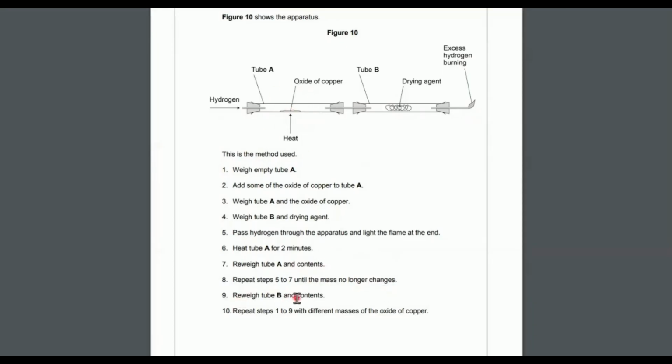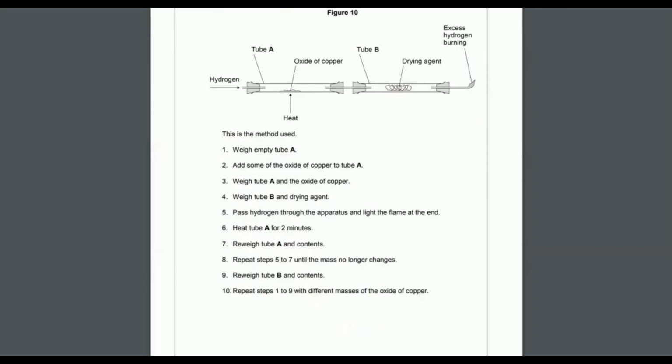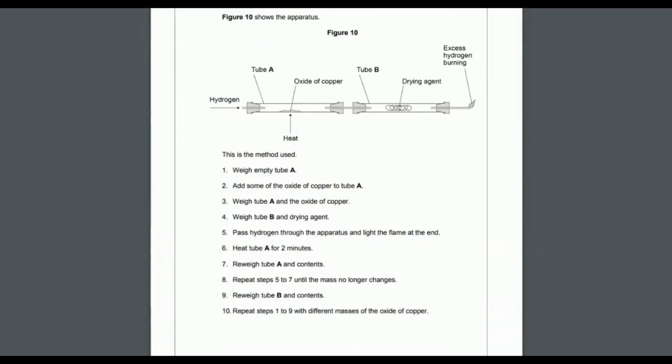Right, pause the video, have a go at these questions, and then I'll go through the answers. All right, 8.1: one reason why step 8 is needed. Step 8 says repeat steps 5 to 7 until the mass no longer changes. So why do we heat things in chemistry until the mass no longer changes?